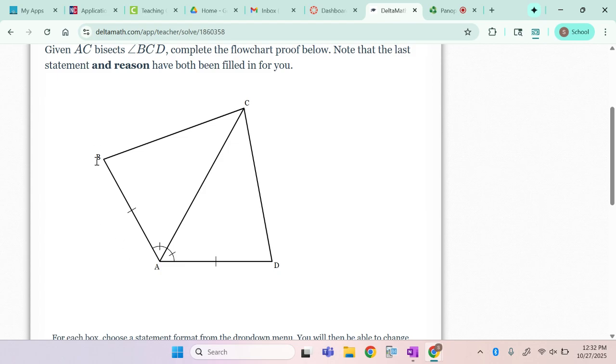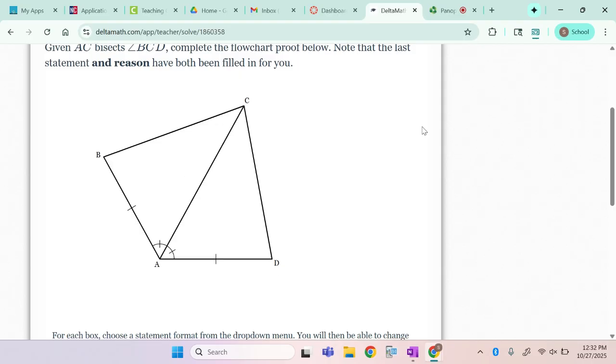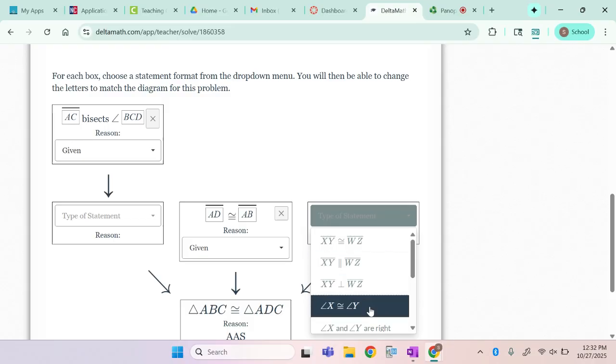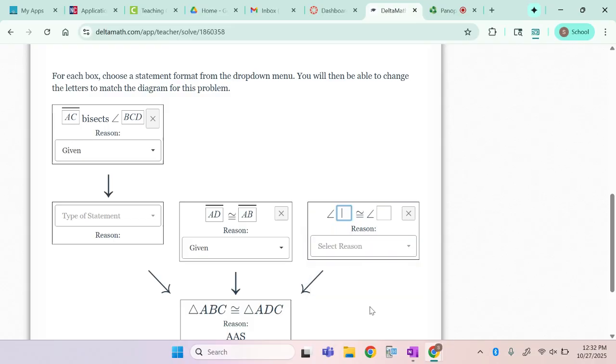So what is this angle? CAB is congruent to what? Good. So we would say that two angles are congruent. So angle X is congruent to angle Y. We'll say CAB is congruent to CAD. Why? It was given.